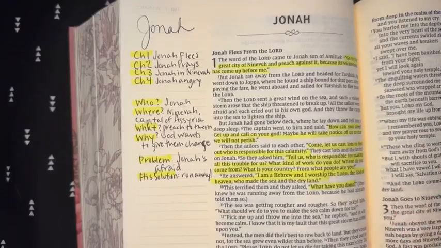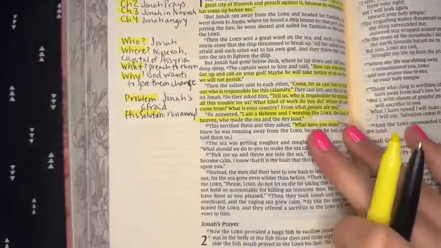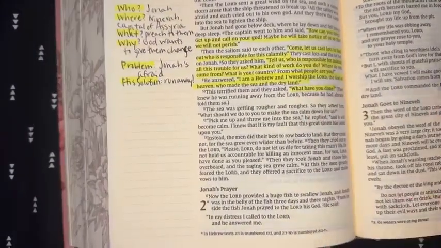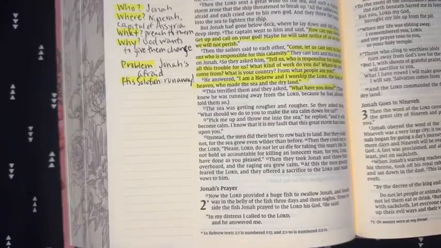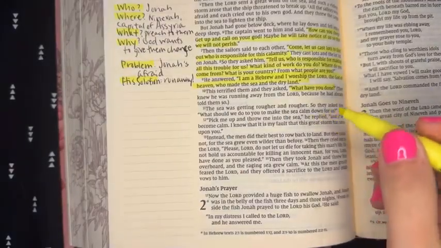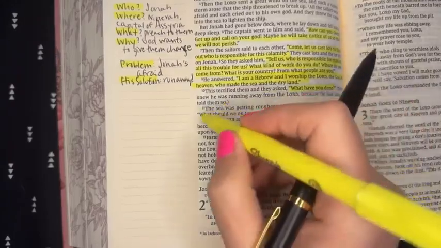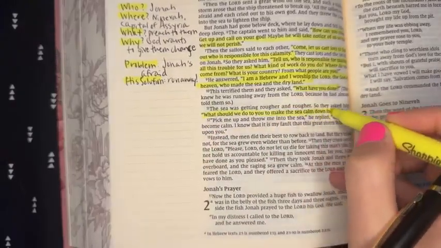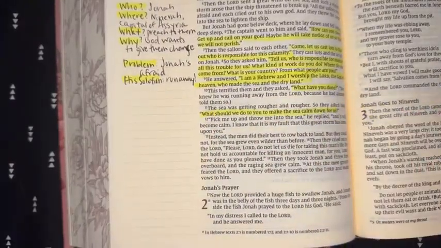Verse 11. Let me move this up. The sea was getting rougher and rougher, so they asked him, "What should we do to you to make the sea calm down for us?" "Pick me up and throw me into the sea," he replied, "and it will become calm.